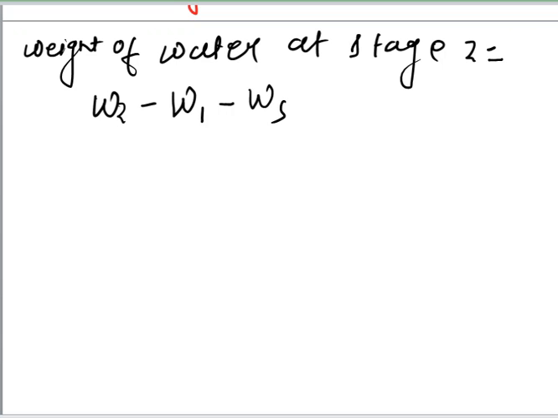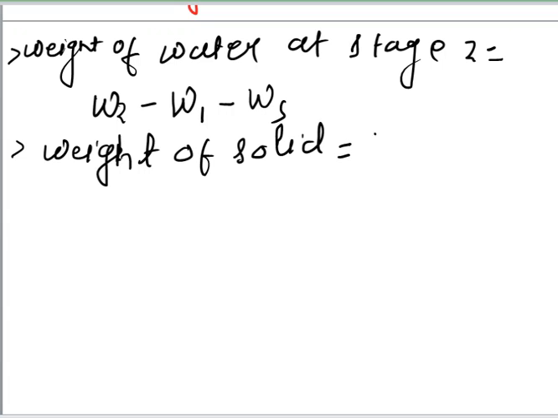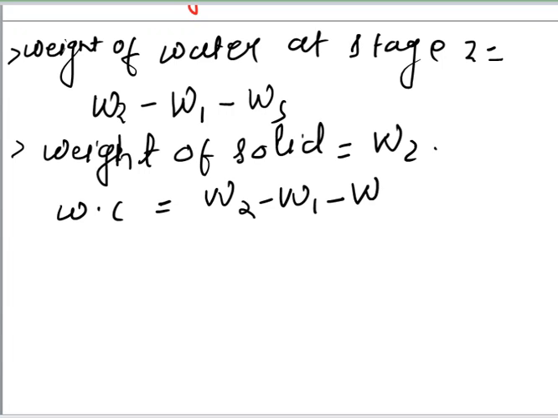The weight of solid that is there should be reduced to get the weight of water at stage 2. So the water content will be W2 minus W1 minus WS, over WS.